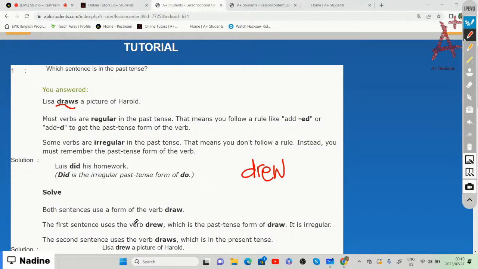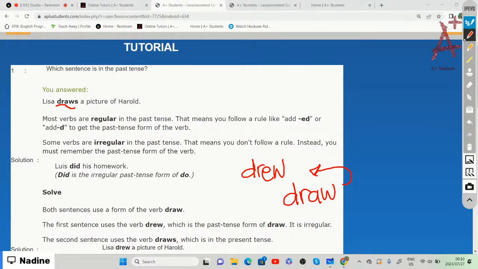So the first sentence uses the verb drew, which is the past tense form of draw. So draw, drew. And it is irregular. The irregular past tense verb of draw is drew.